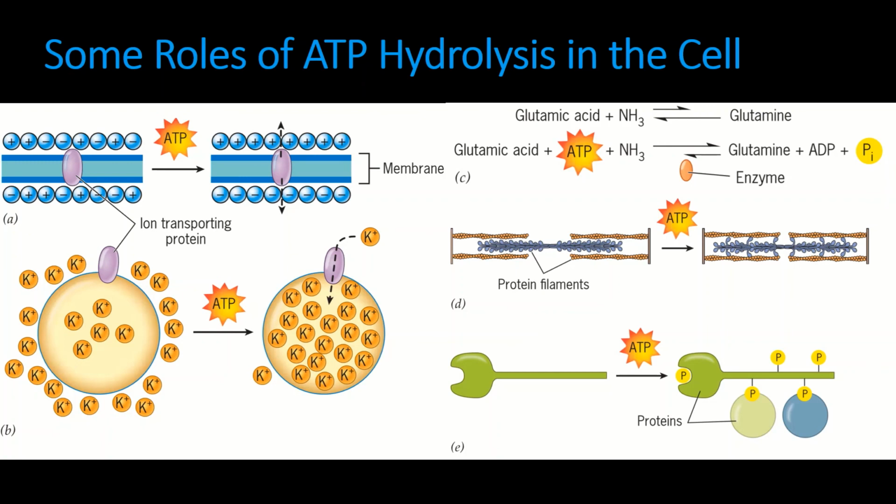In letter B, we can see the cell using ATP in order to move potassium ions into the cell. In letter D, we can see ATP being used by muscle cells to contract for movement. And in letter E, we can see ATP being used in the phosphorylation of certain proteins that is usually happening during cell signaling.